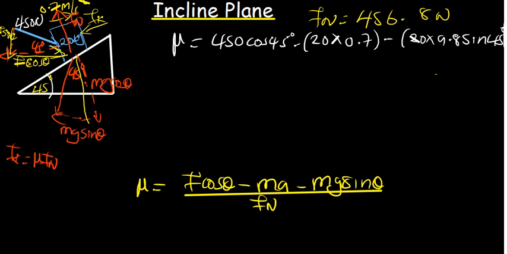Then everything is divided by the Fn. But what is our Fn? We know that our Fn is 456.